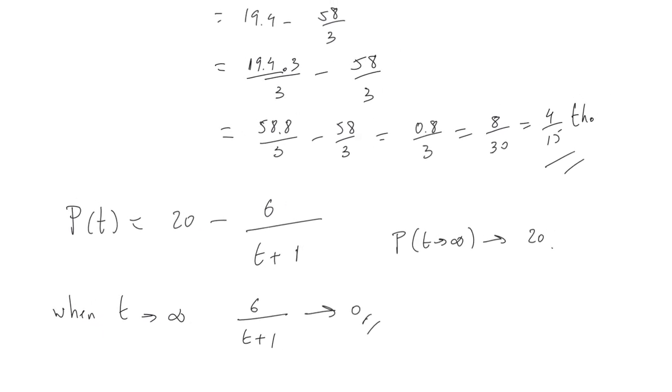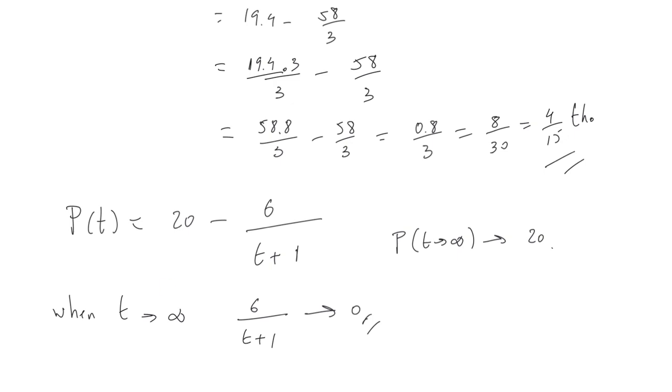Interesting. Go to GeoGebra, please. Graph this function, P of t equals 20 minus 6 divided by t plus 1. It has an asymptote, but the vertical asymptote is at t equals minus 1, which is 1 year before the function starts to work. The function starts to work at t equals 0, so no problem.